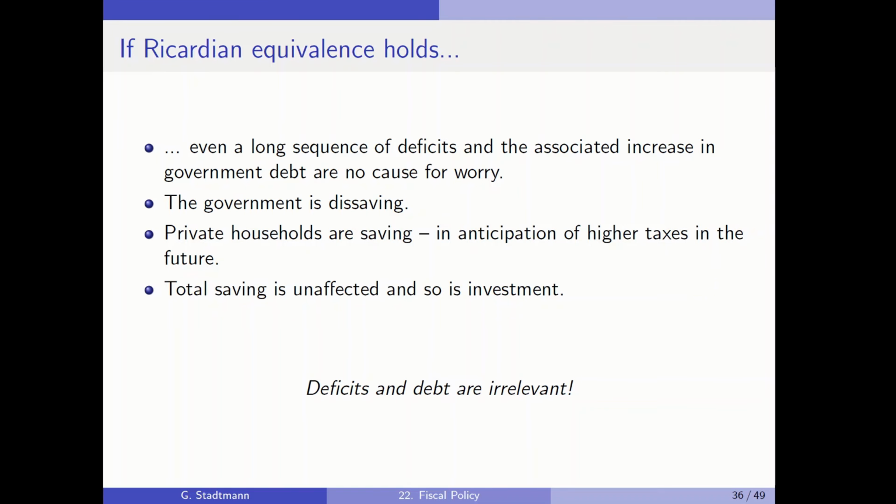Total saving is unaffected, and so is investment or consumption, and the main message of the Ricardian equivalence is deficits and debt are irrelevant. So frequently when it comes to government budgets and government budget deficits, you'll run into this Ricardian equivalence argument.